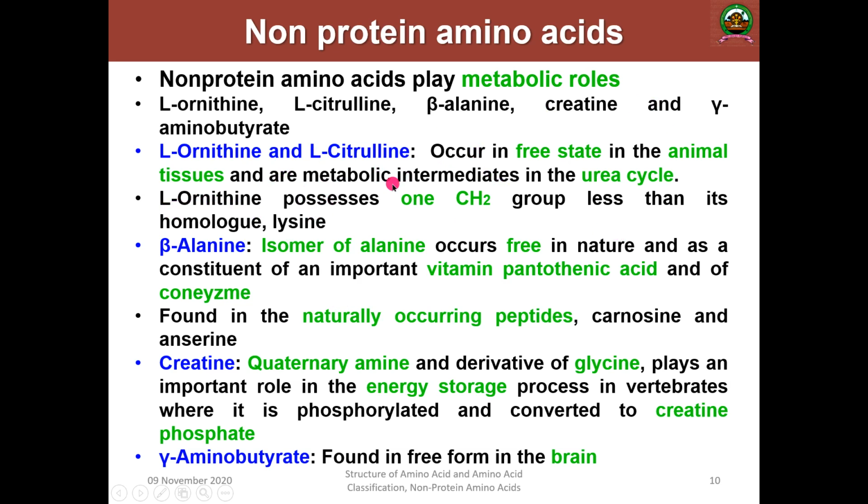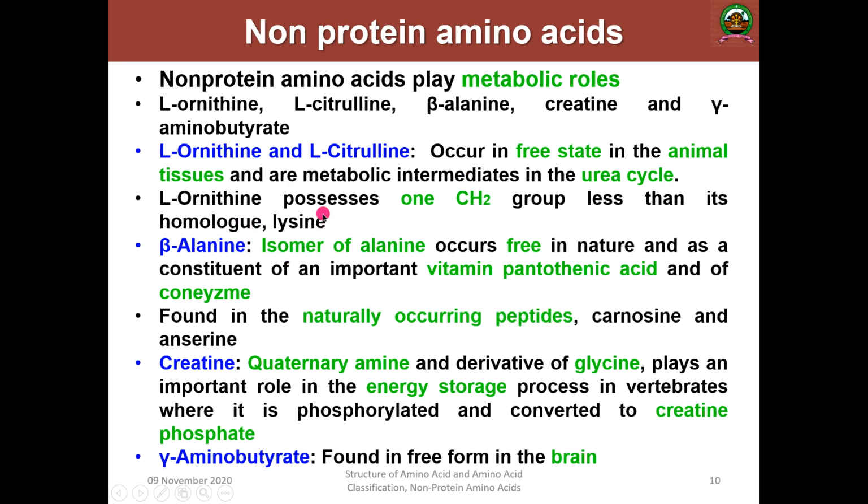Then ornithine possesses one CH2 group less than its homologue lysine. Next one, beta-alanine.